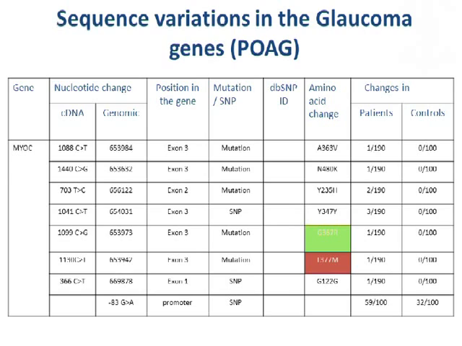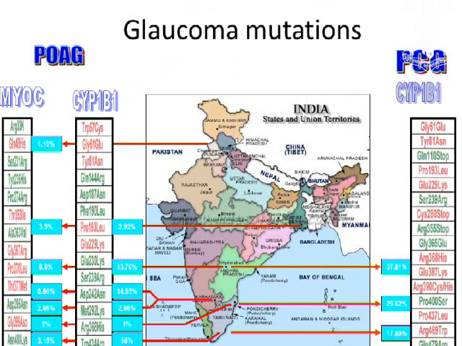In the same way, with this 377 mutation, we identified the founder's effect once we published the data. All over the world, including in the US, they confirmed this is the founder's effect for this particular disease. We have another publication along with another US group. That is one particular contribution we made for primary open-angle glaucoma.